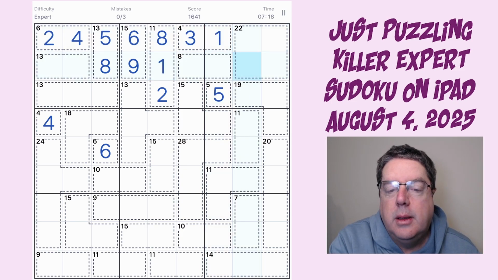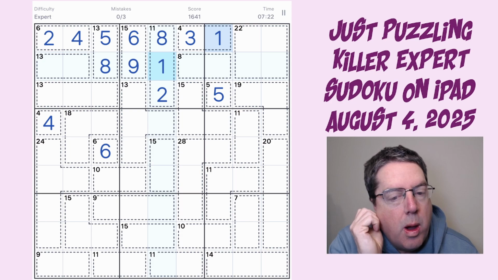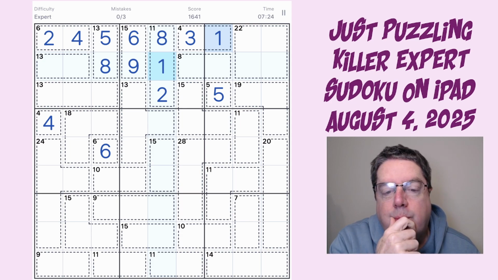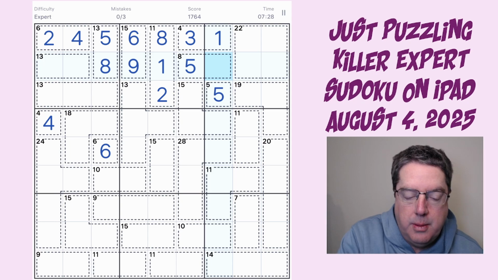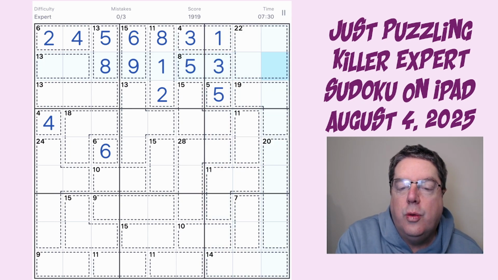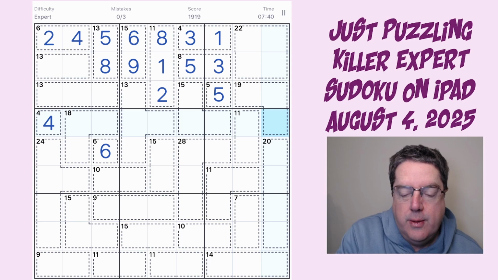1. So 1's out. This 5 must be there because that's the only place it can be, and 3 is there. This is 2 and 4. 1, 2, 3, 4, 5. I need a 6 and an 8, so that's 14 across there. To 14 to there is 5.